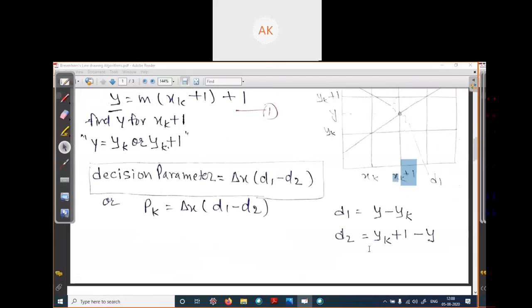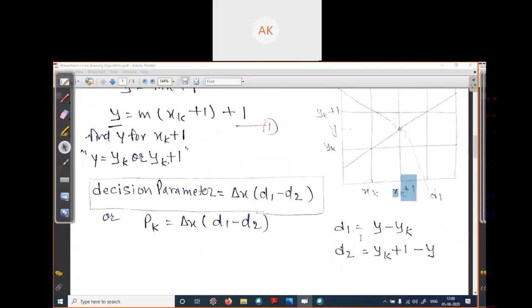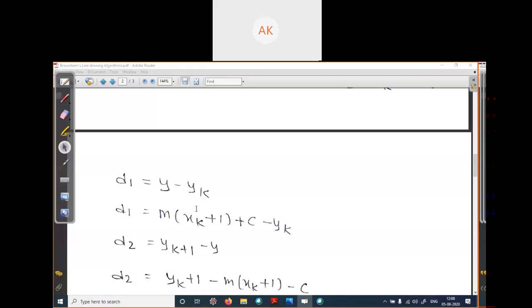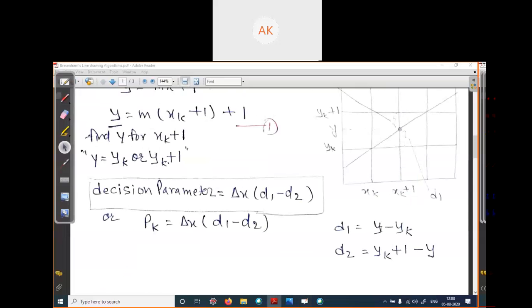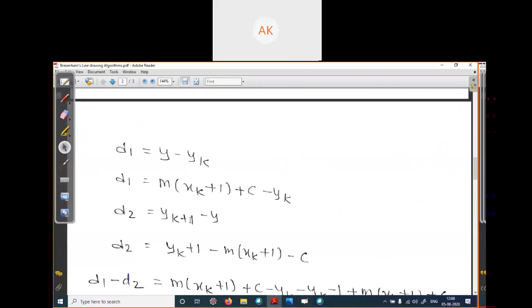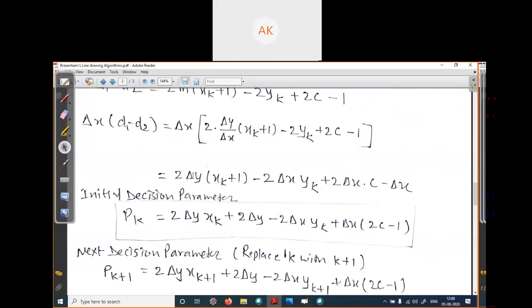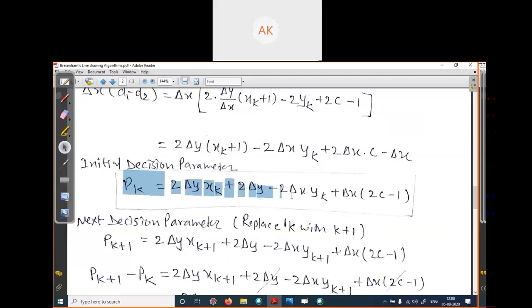For finding this decision parameter, we derived some formula. d1 will be y minus yk, this distance, and d2 will be yk plus 1 minus y, as I wrote here. We substitute the value of y from this equation in calculating the decision parameter. As you can see, the initial decision parameter will be like this.